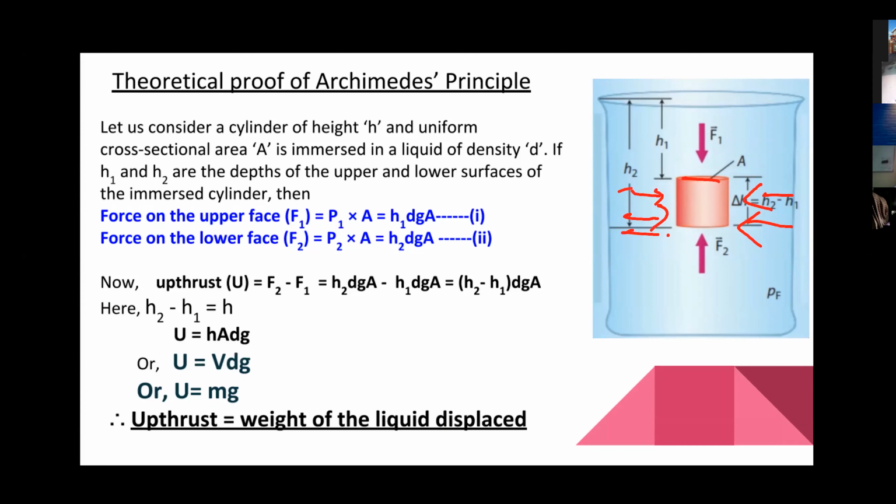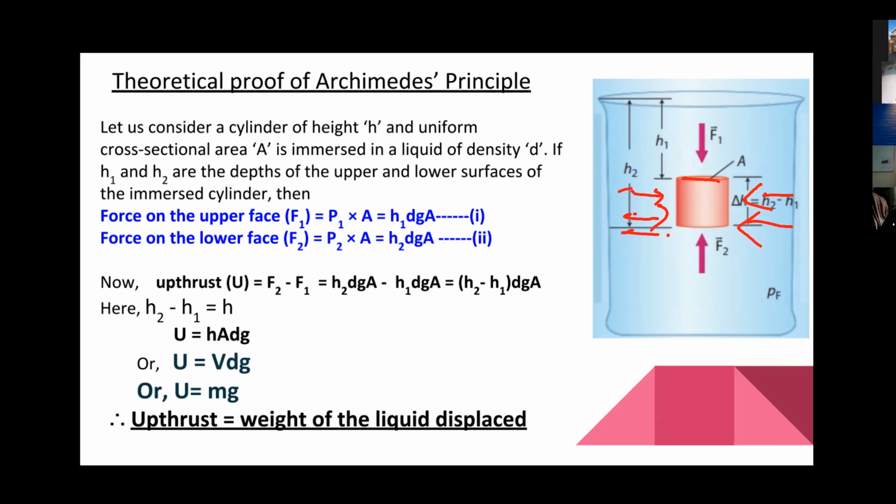So the resultant pressure, or let's say force, from both sides is 0. Due to the equal and opposite pressure given by the liquid on either side of the cylindrical body, they get cancelled. So the resultant force from the sides is 0.